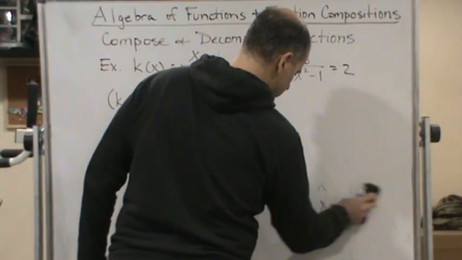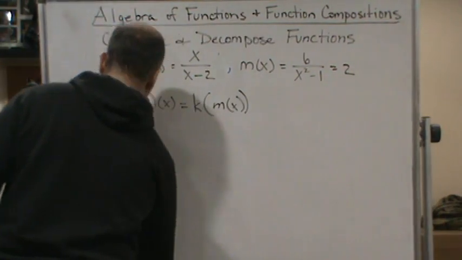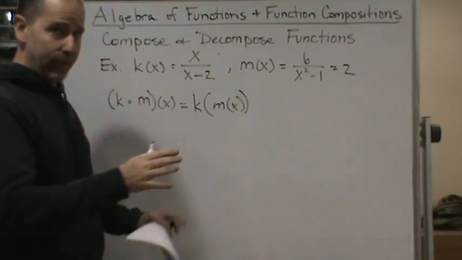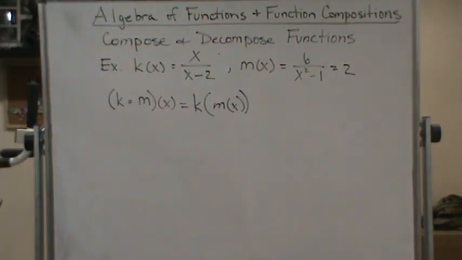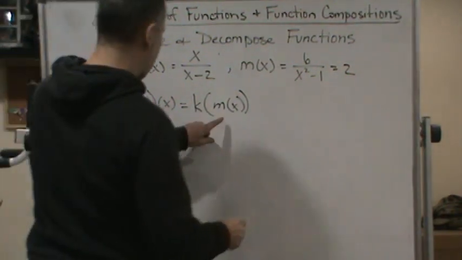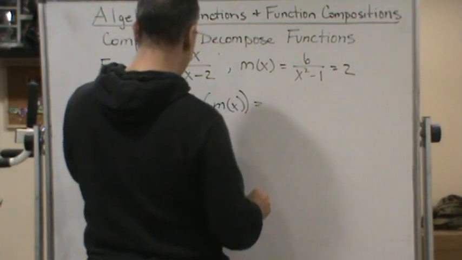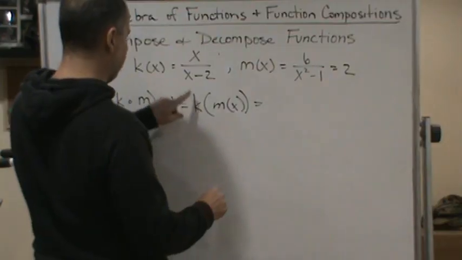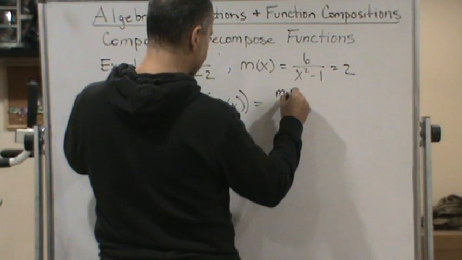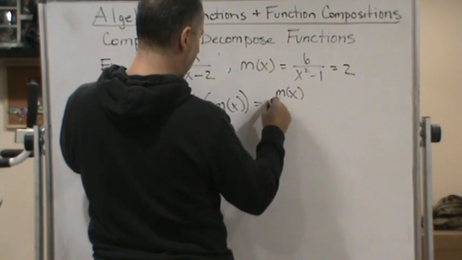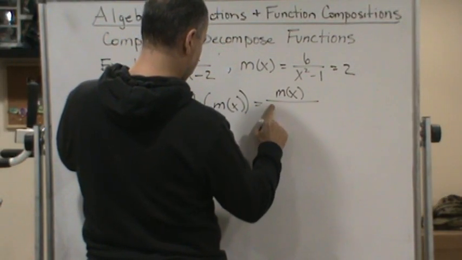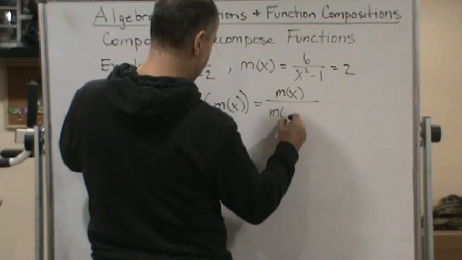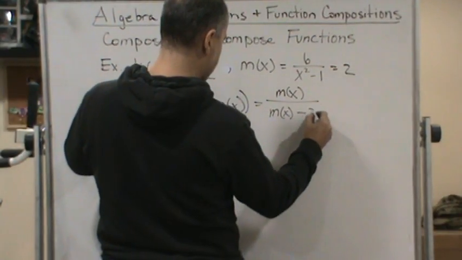Now, let's keep going and see what we end up with, okay? So we kind of worked backwards, we kind of figured out what the domain will be, but let's see what happens here, okay? So now I'm going to stick m of x into k, so I'm going to get m of x over m of x minus 2.